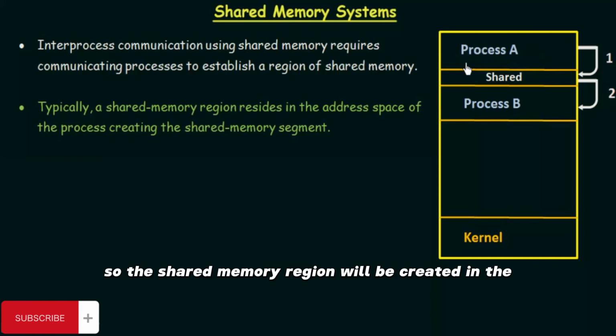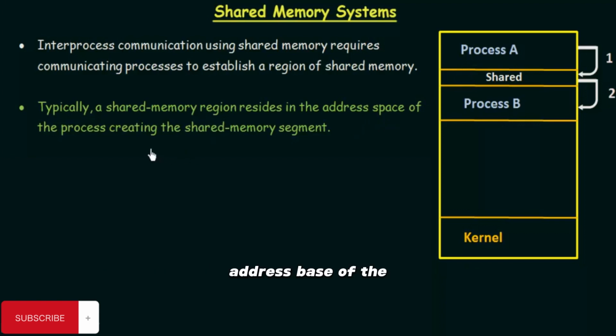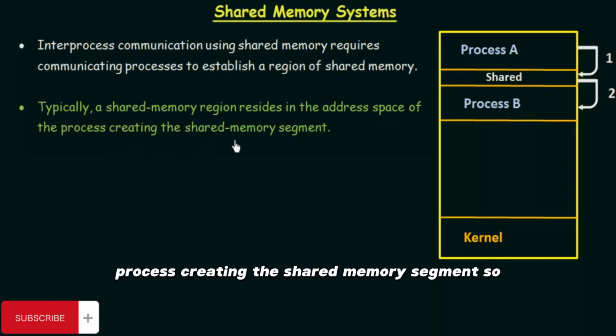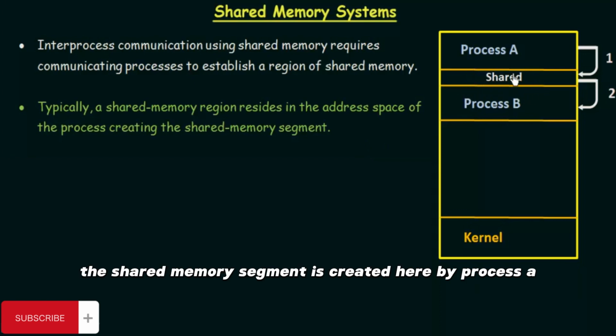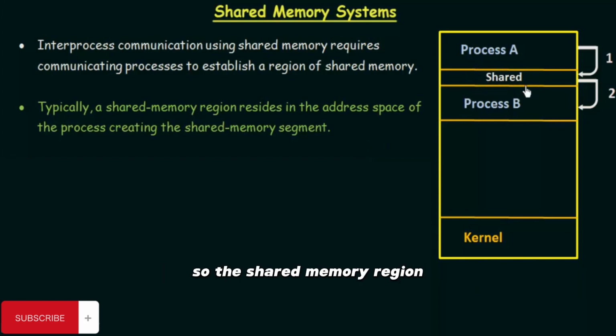So the shared memory region will be created in the address space of the process creating the shared memory segment. The segment is created here by process A, so the region lies in the address space of process A. That is what we mean by this point.